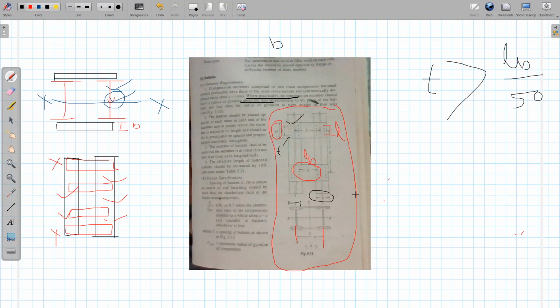Similarly to the battens also, the design shear V will be equal to 2.5% of the axial load, that is 2.5% of P. So now the design shear force is also known to us.